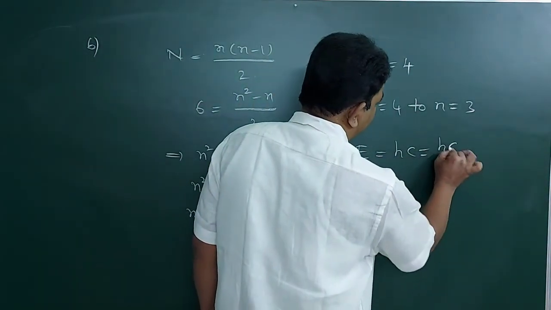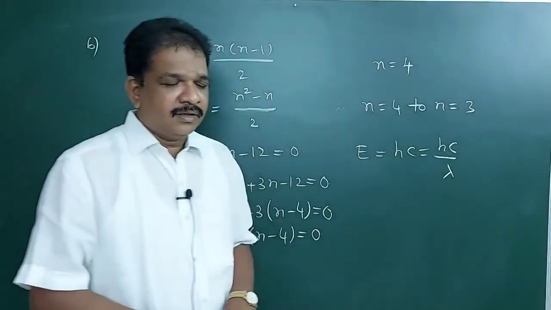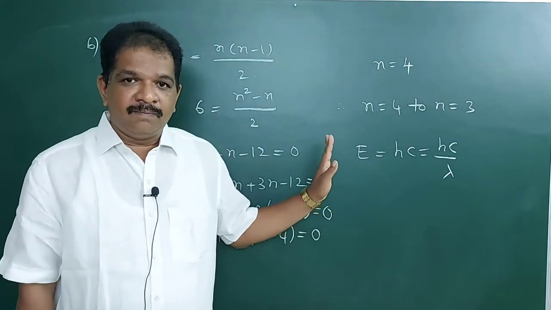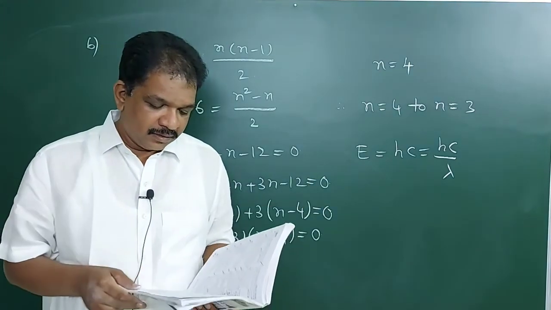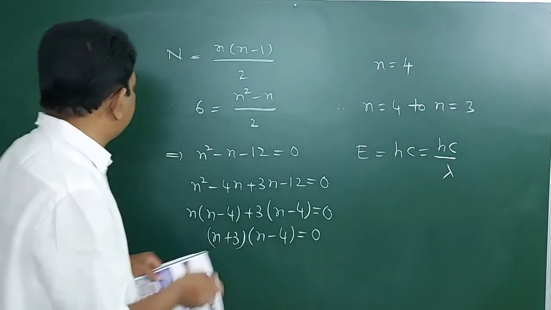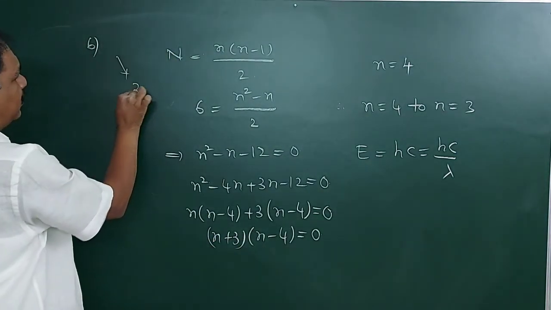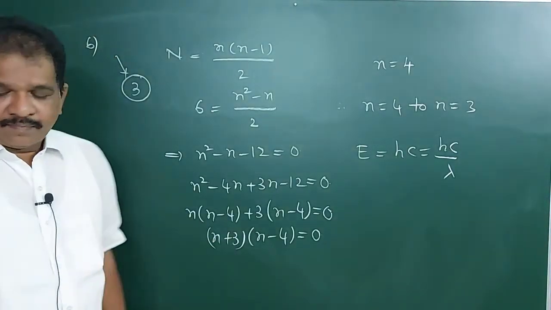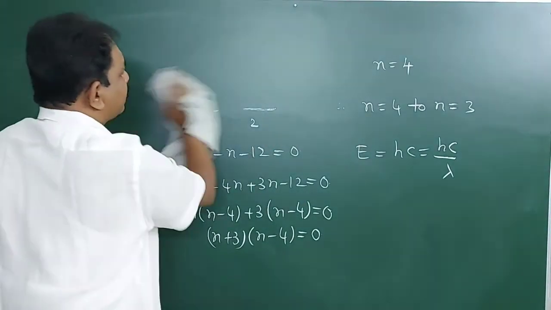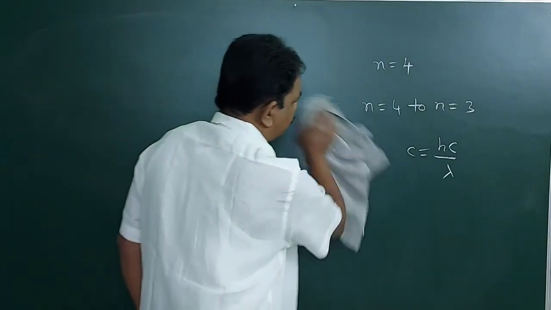E equals h nu equals hc by lambda. When E is minimum, the lambda value will be maximum. Remember that. So the sixth question, it will be the third option.